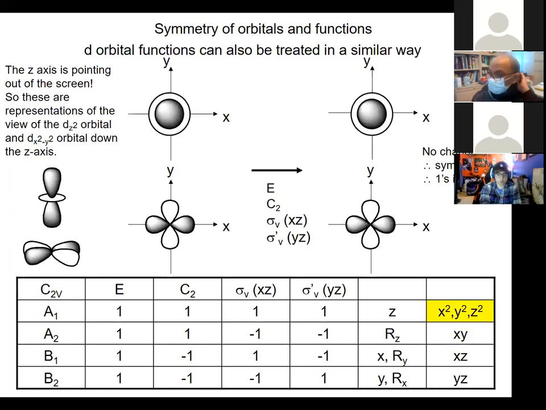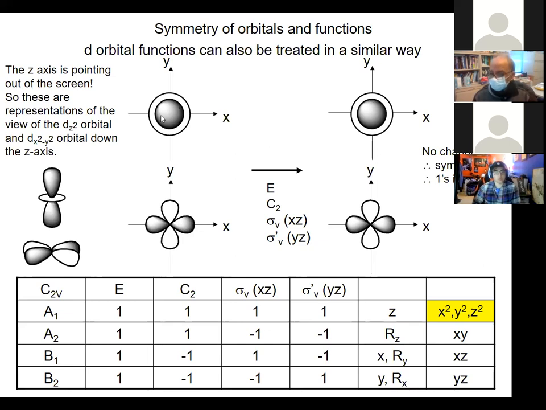What orbital is this? The top one is your dz square orbital. The dz square looks like this. The lobe has this positive wave function, and there is a halo right there that has a negative wave function. Or you can also look at dx squared minus y squared.